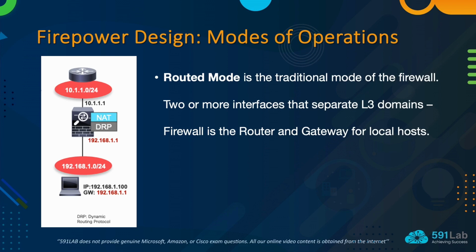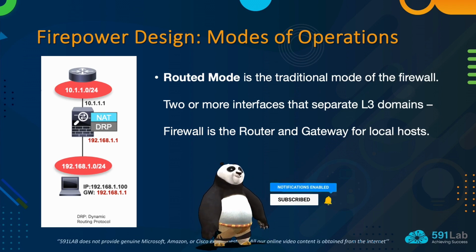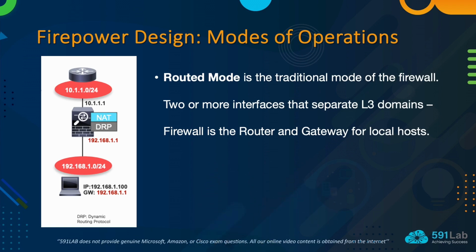Firepower devices in routed mode can also support dynamic routing protocols. Dynamic routing protocols allow routers to exchange routing information with each other automatically. This can help to ensure that the routing table on the Firepower device is always up to date.